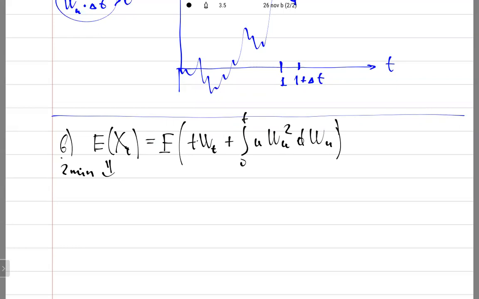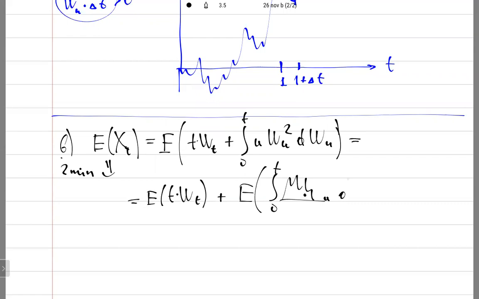No. So I just plug in the value of xt, and basically, bingo! It is the expected value of tWt plus the expected value of a stochastic integral.